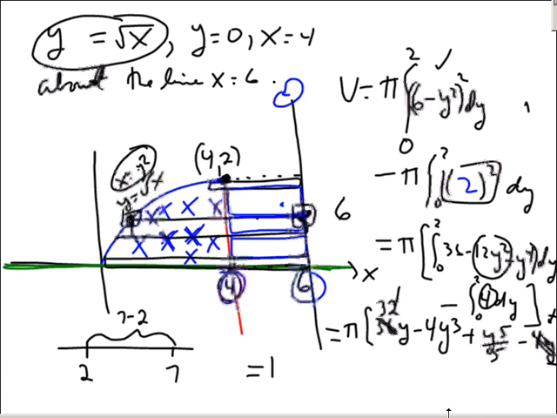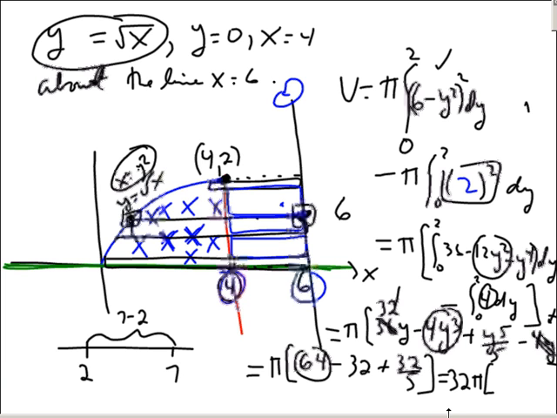Plugging in 0 won't do anything, so we just plug in 2. 32 times 2 is 64. 2 cubed is 8, 4 times 8 is 32. 2 to the 5th is 32 over 5. I would factor out 32 in this problem, with the pi already in front.